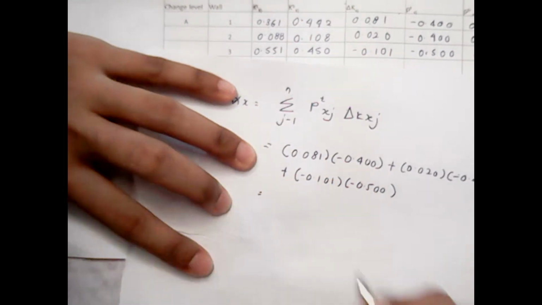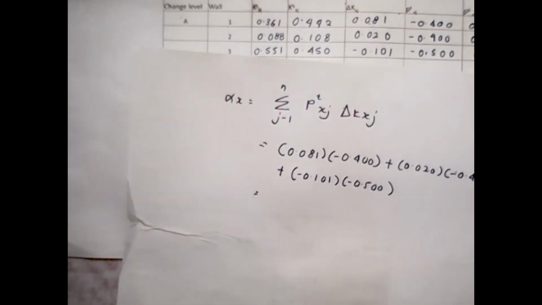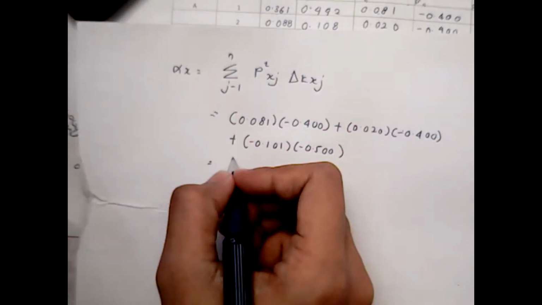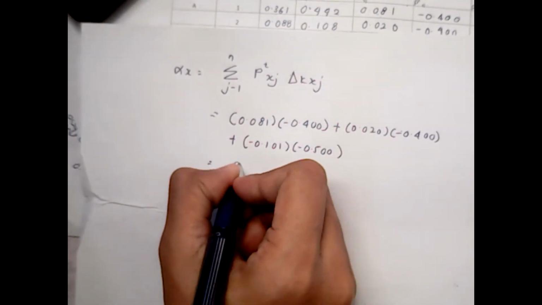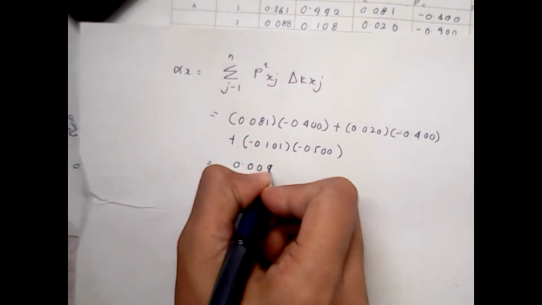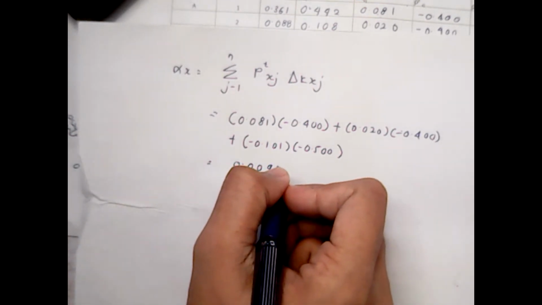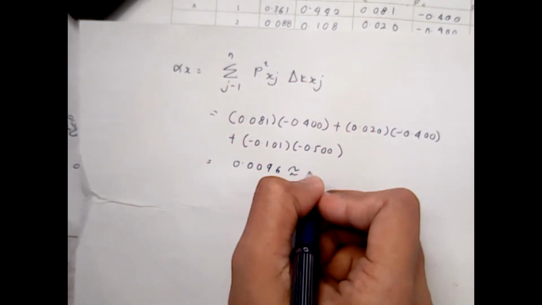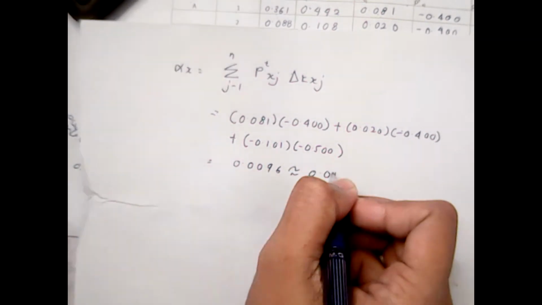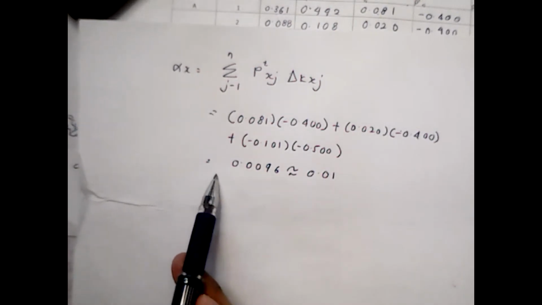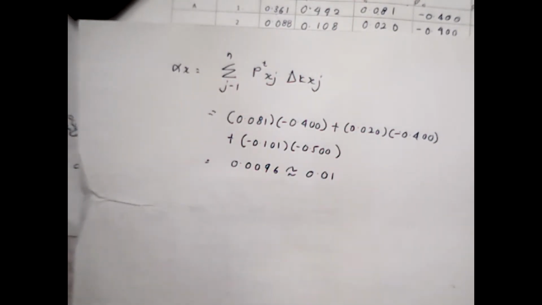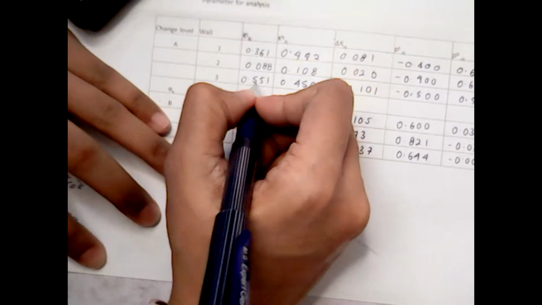When you sum all this, you end up with 0.0096. You can round it up so that it becomes 0.01. So here the alpha for the interchange level at A is 0.01, and you can record it here.